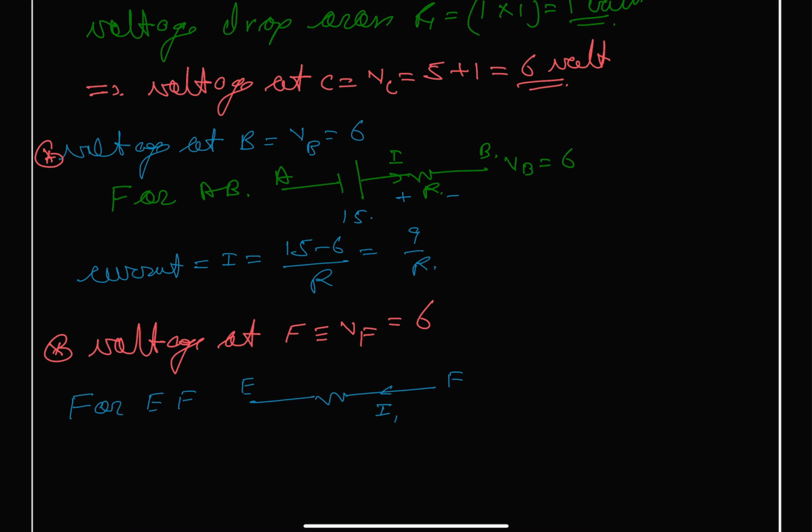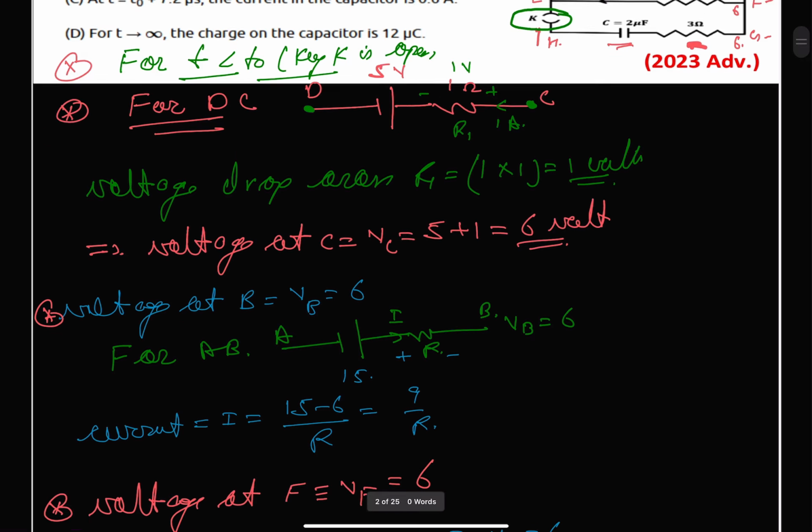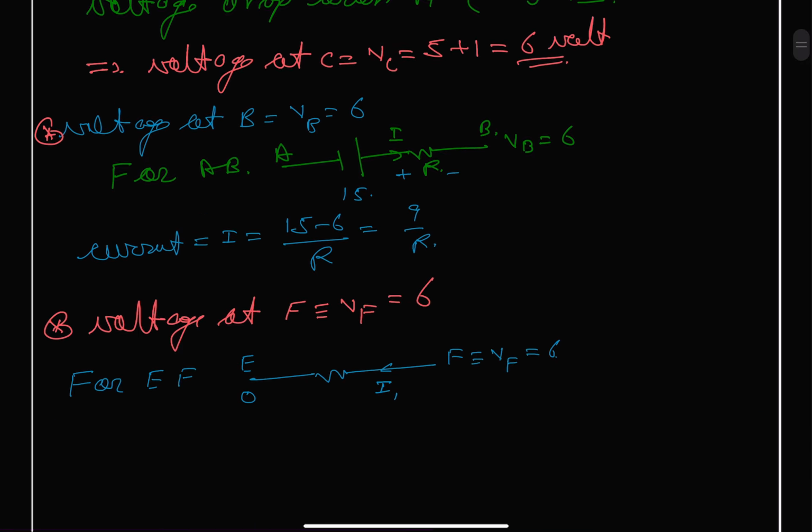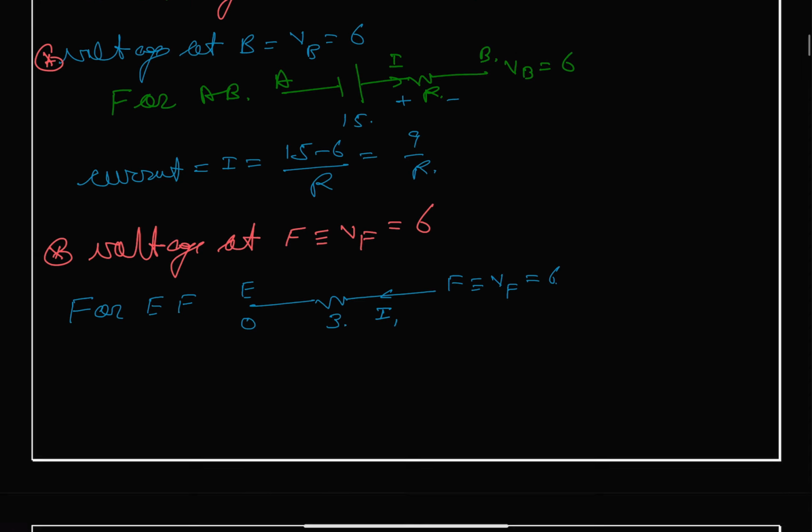This we already know is 0, and F is having a potential of VF which is equal to 6 volt, and the value of resistance is given to us as 3. Therefore we can write that our I1 will be equal to 6 minus 0 divided by 3, which comes as 2 amperes.